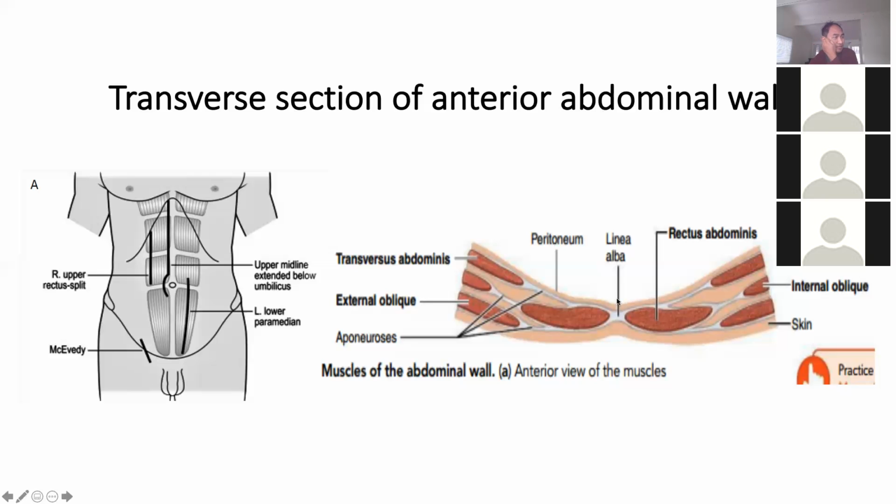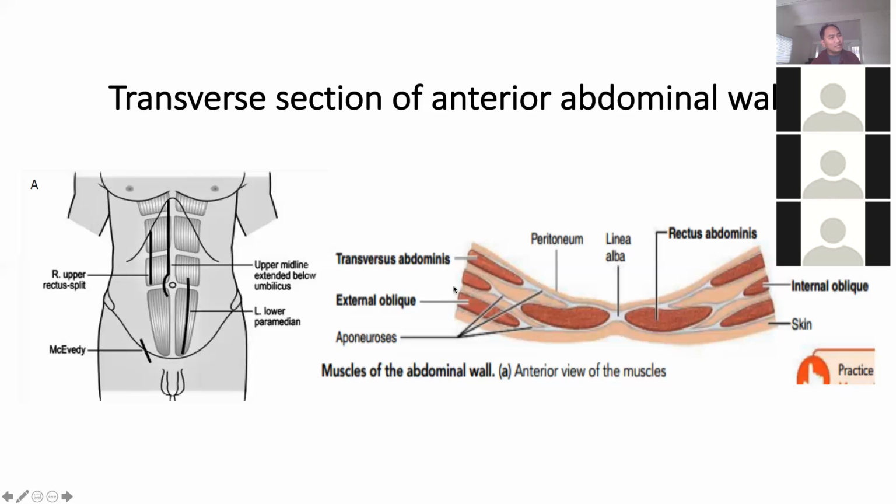So if you look at that, guys, the transversus abdominis muscle becomes the aponeurosis of the transversus abdominis. The internal oblique becomes the aponeurosis of the internal oblique. The external oblique muscle becomes the aponeurosis of the external oblique.